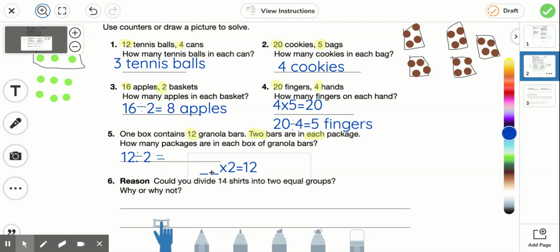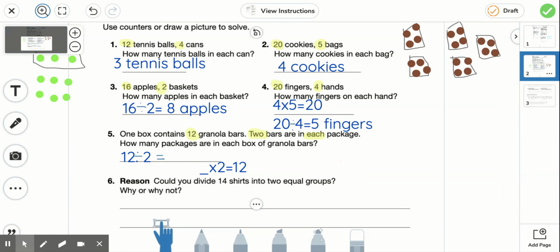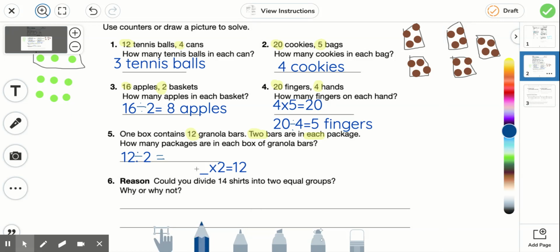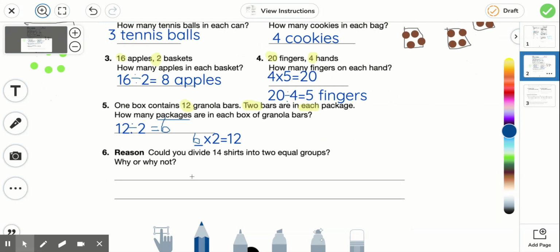That's going to help me out here, looking at my multiplication facts. What number times 2 will get me 12? Let's see. 2, 4, 6, 8, 10, 12. I had to skip count 6 times. So that means that 12 divided by 2 is 6. There are 6 packages in each of those boxes, 6 silver pouches.